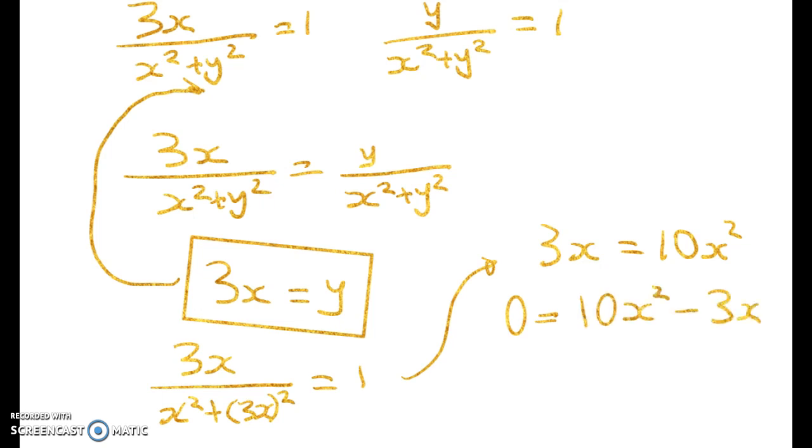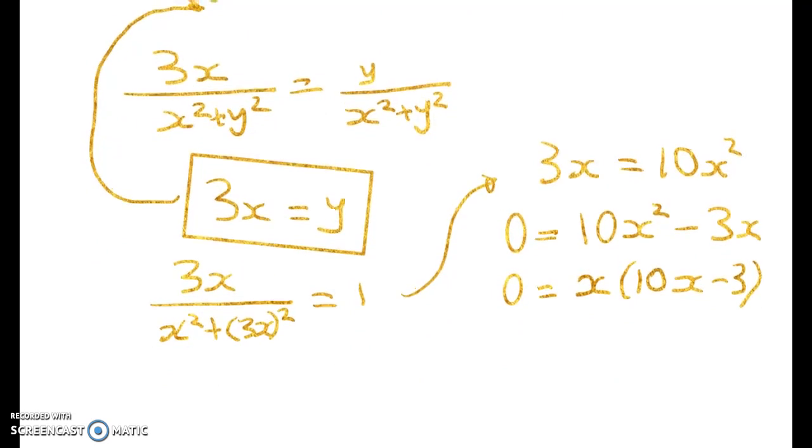There we are. So we get 0 equals that. So 0 equals x into 10x minus 3, giving me a value for x. So x equals 0, or x equals 3/10.